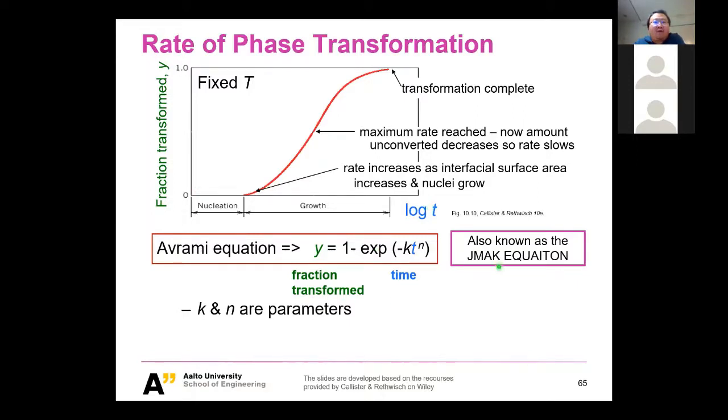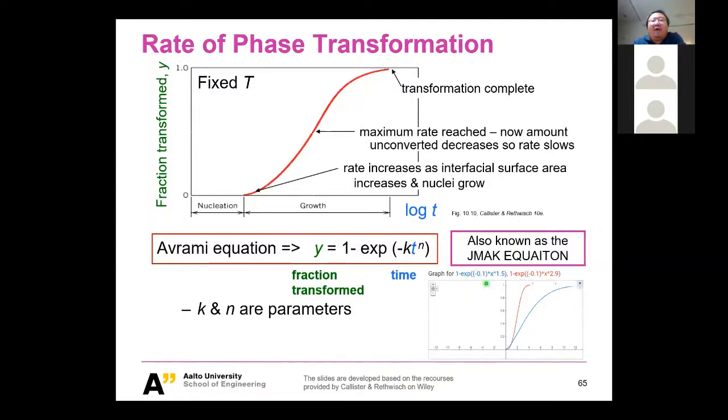So this is how it looks. You can see two controlling parameters are there: one is K and one is n. I just want to give you a little impression of how these two parameters control your phase transformation rate. Let's say we speak about the effect of n. I'm giving you two expressions here.